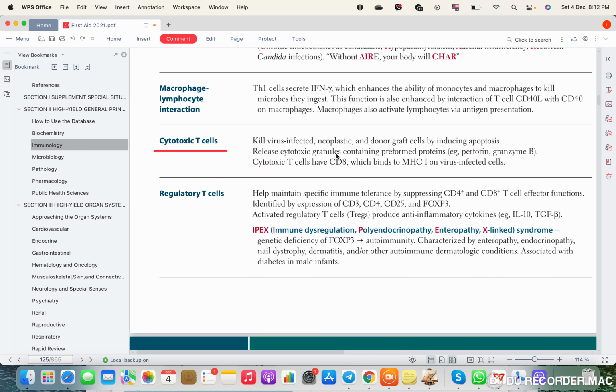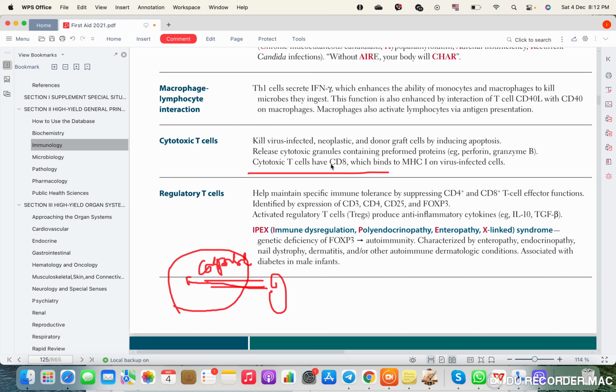It released granules containing preformed proteins, which are the perforins and the granzymes. Perforin perforates, it destroys the wall, and the granzymes go in and activate something called caspases. These caspases lead to degradation of the inner contents of the cell, leading to its destruction, which is basically apoptosis.